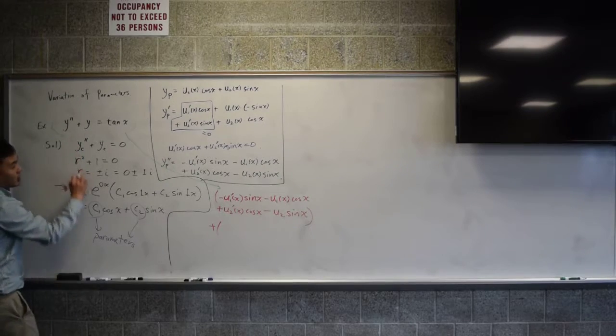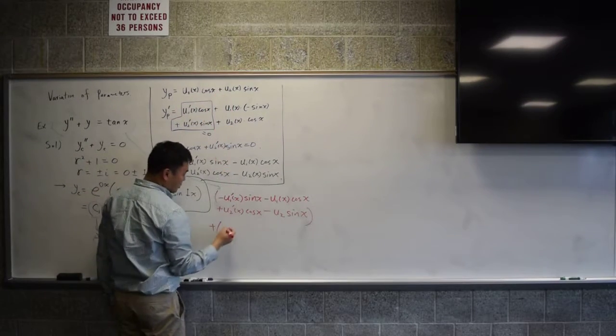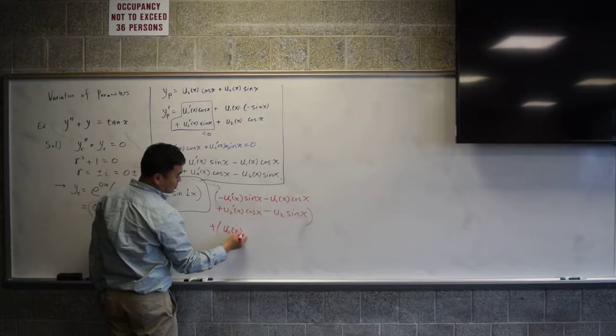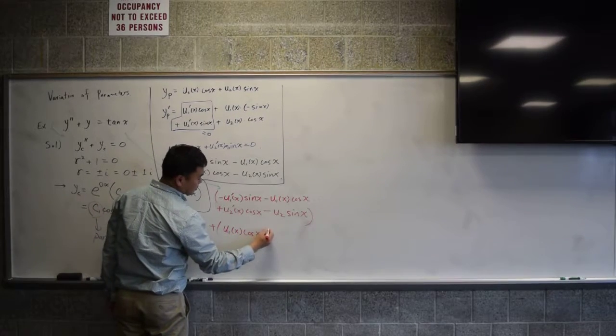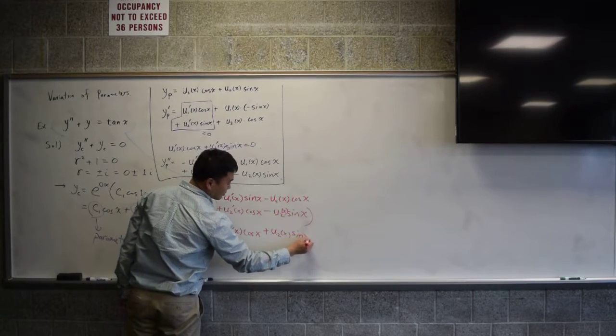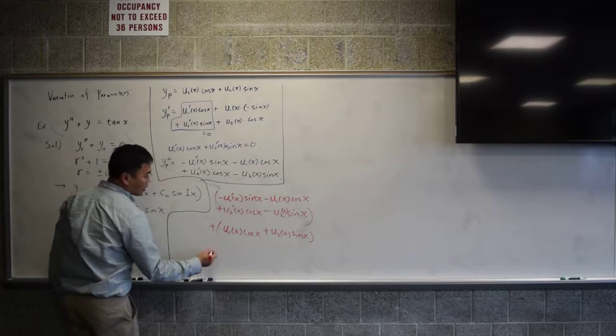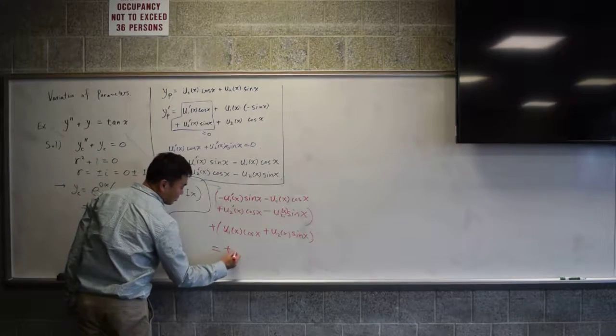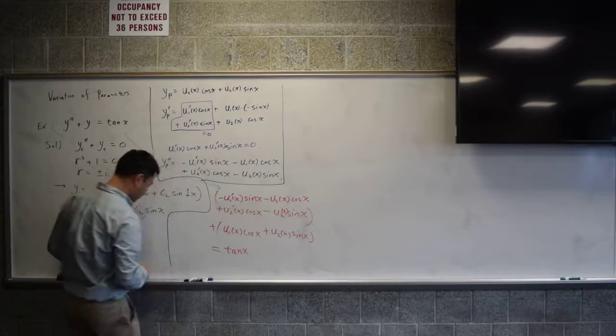And then I need a y, so let's copy that down. u1x cosine x plus u2x sine x. And on the right side, it's equal to tangent of x.